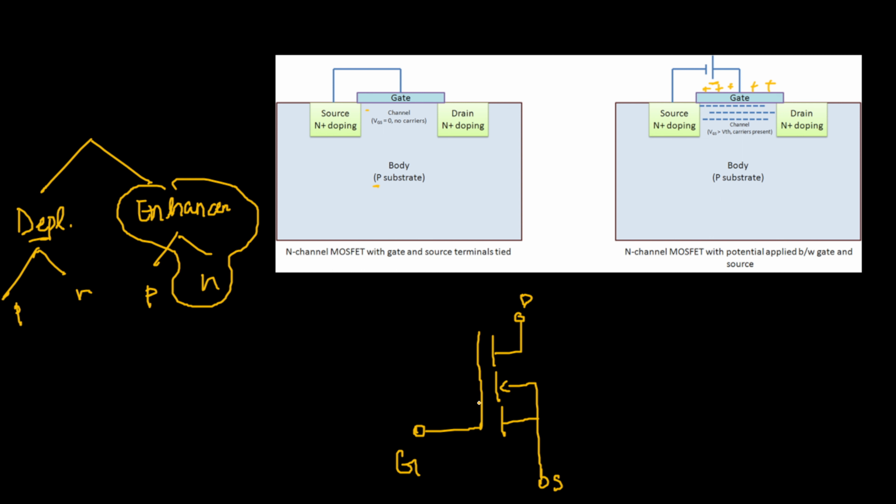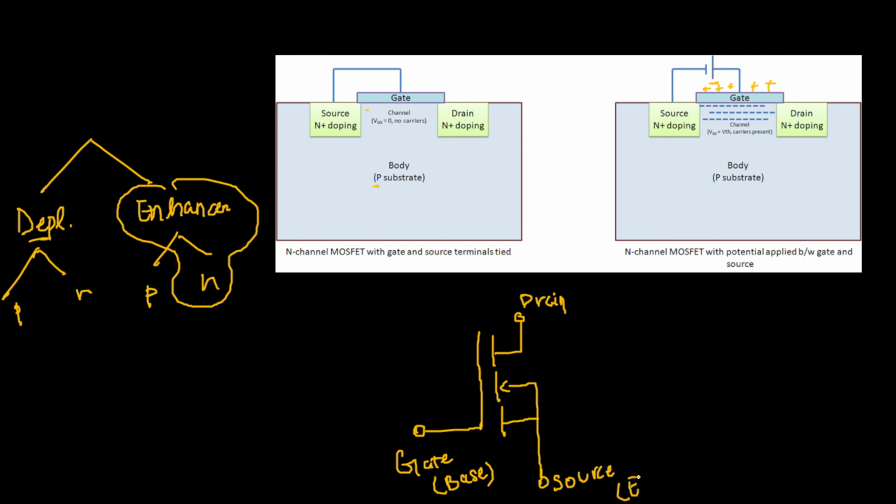Like we had three terminals in the BJT which were collector, emitter and base, similarly we have three terminals here as well: a gate, a drain and a source. All of these are very similar to their BJT counterparts. A gate is similar to the base.